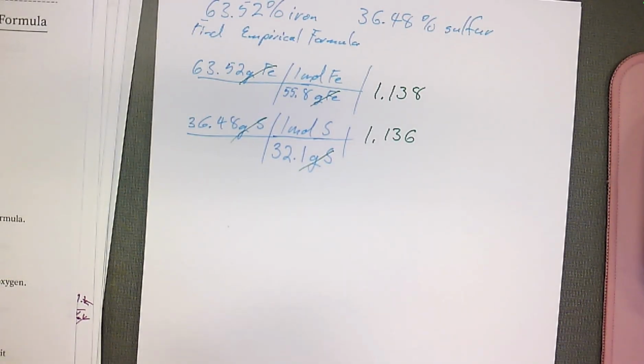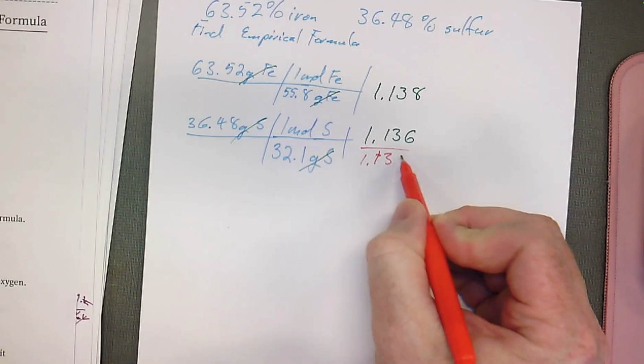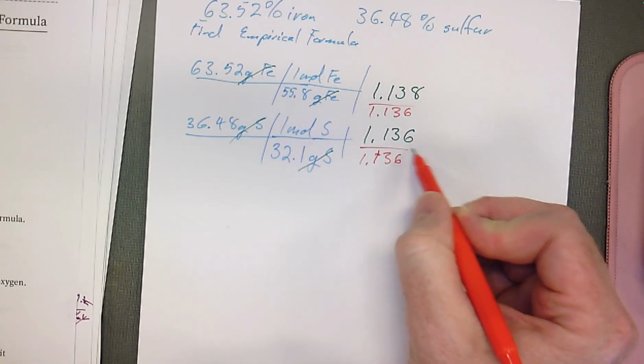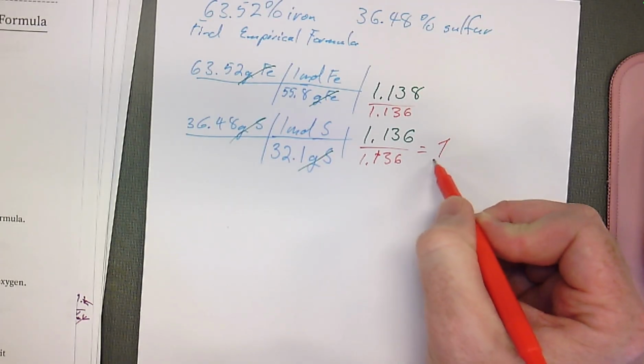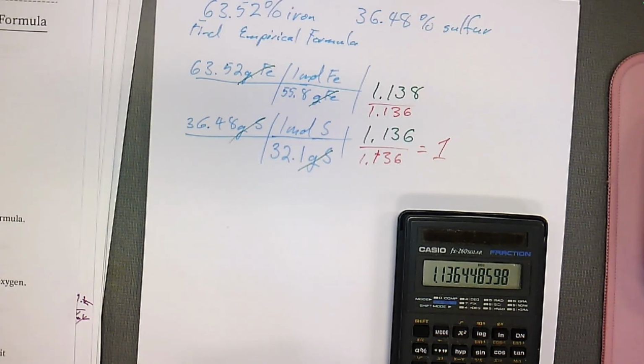Look at this one. They're very close, right? What's the smaller of the two? Sulfur. So we divide both sides by sulfur, 1.136 divided by 1.136. If we divide something by itself, that's always going to be 1, no matter what. On this step, one of them should always come out to be 1.